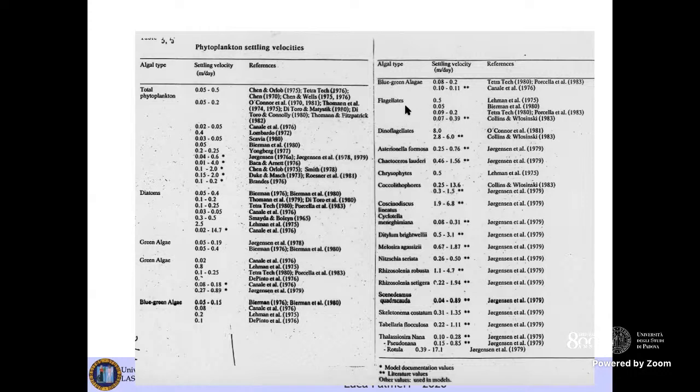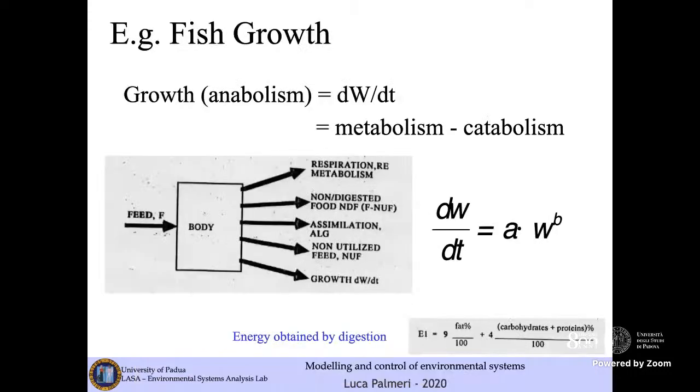You see that, for example, the settling velocity of flagellates as expressed by Liebman here is quite high compared, for example, to the settling velocity of blue-green algae, at least in the first paper. And if you go and read the paper, you shall understand why the modelers have found very different values of parameters. So you see the range of variability of parameters is enormous.